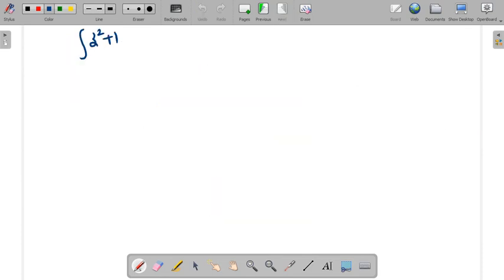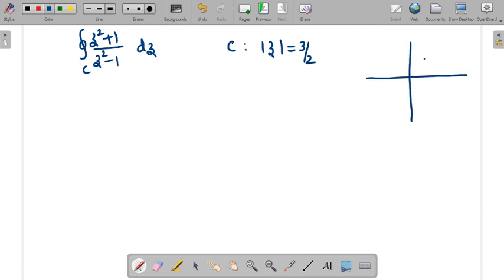അപ്പോൾ നമ്മൾ ഇനി ചെയ്യാൻ പോകുന്നത് z square plus 1 by z square minus 1 dz, where C is mod z equal to 3 by 2. So ഇപ്പോൾ ഇവിടെ നമുക്ക് നമ്മുടെ കർവ് കോണ്ടൂർ കുറച്ചും കൂടെ മാറി mod z equal to 3 by 2 എന്നുള്ളതാണ് നമുക്ക് വരുന്നത്.